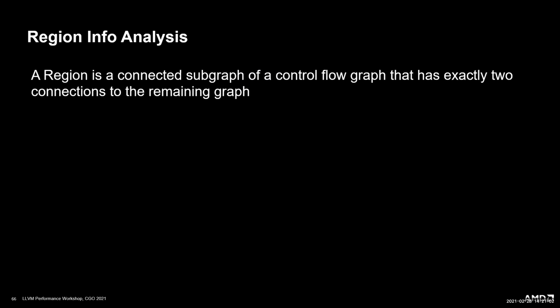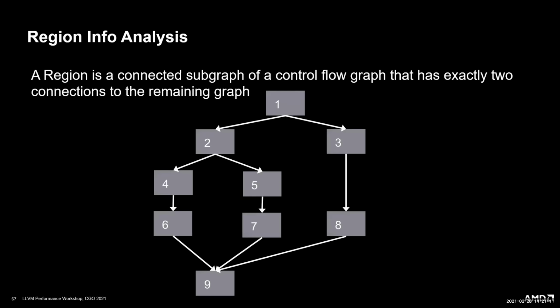Let's quickly go through what a region is. I see that I don't have much time, but let's quickly see. A region is a connected subgraph that has exactly two connections to the remaining graph. So we can say this is a region, considering 1 and 9 to be the imaginary two connections.